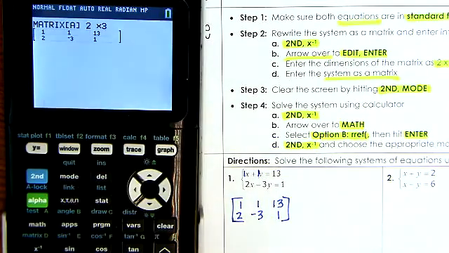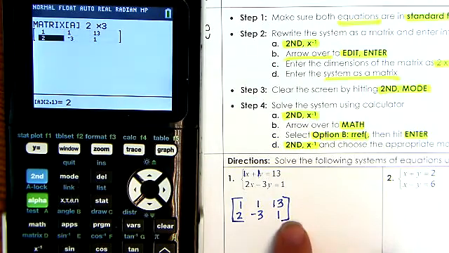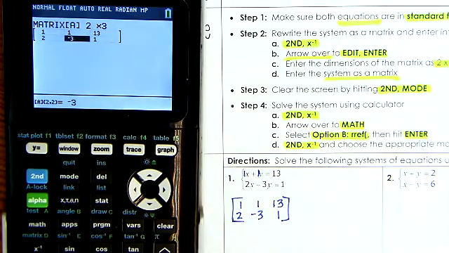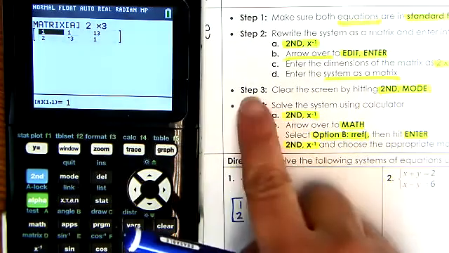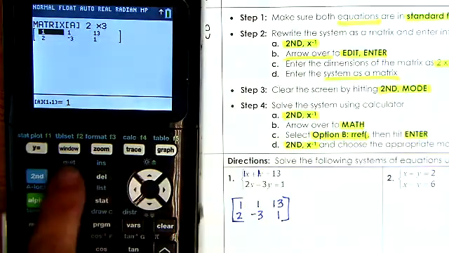So I hit 2, enter, 3, enter, and now I can input my matrix. So I'm going to press 1, enter, 1, enter, 13, enter. Now I type in the second row. 2, enter, -3. Yes, you'll have to do the negative button, not the minus. Enter, 1, enter. And now we follow our third step, second mode, because we want to quit.